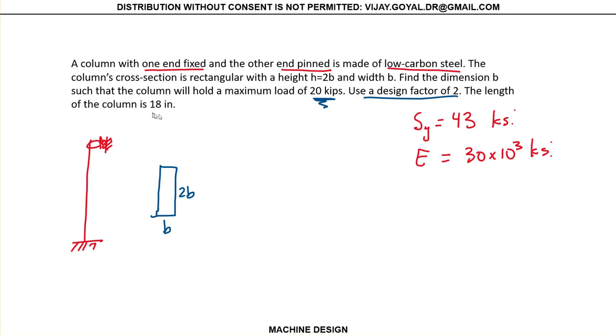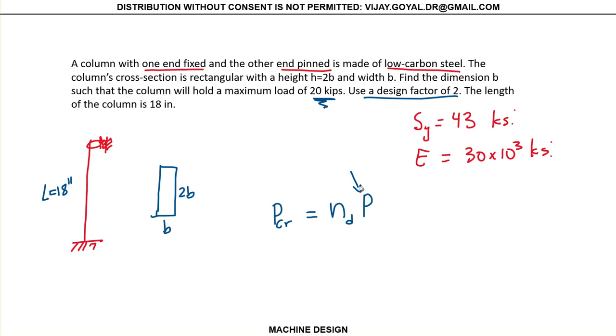So the first thing, you know that your actual length is 18 inches and that your P critical is going to be the design factor times the load. So he's saying it's going to hold a maximum load of 20 kips.